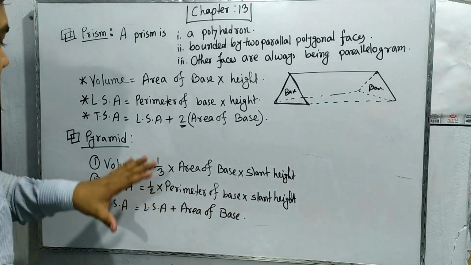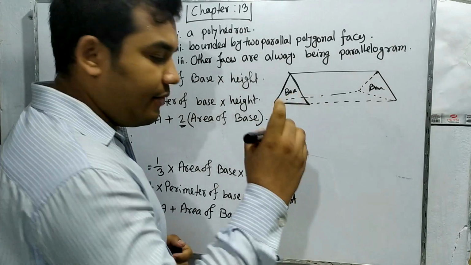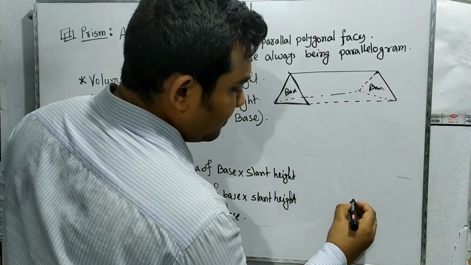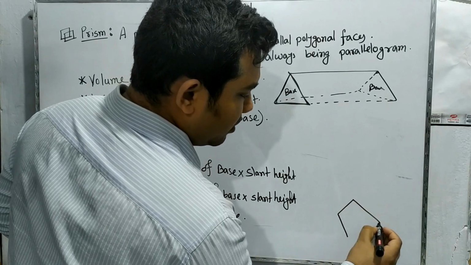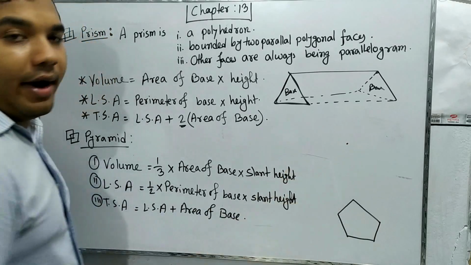what I wanted to show is the basic difference, that is, the pyramid. In a pyramid there will be one surface, and we are talking about the same pentagon also. This is the pentagon, and here there will be a point.